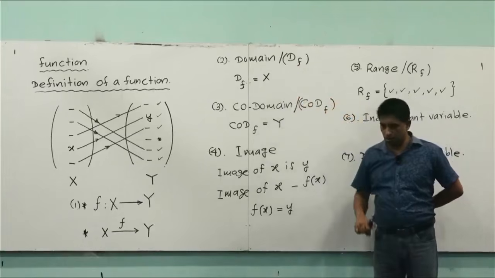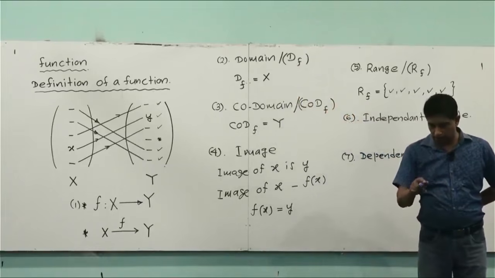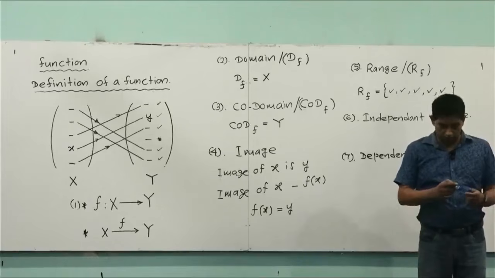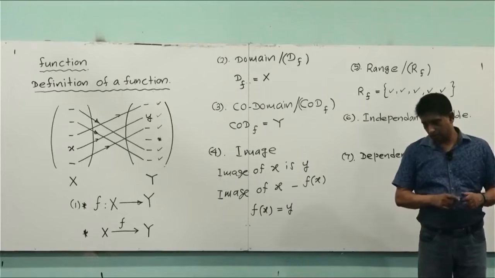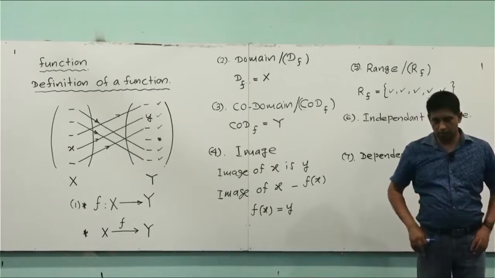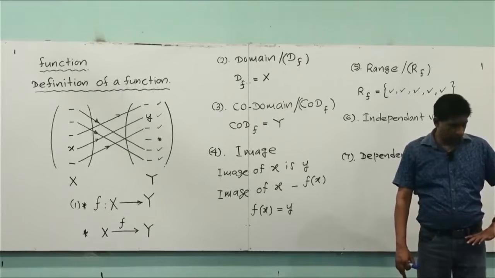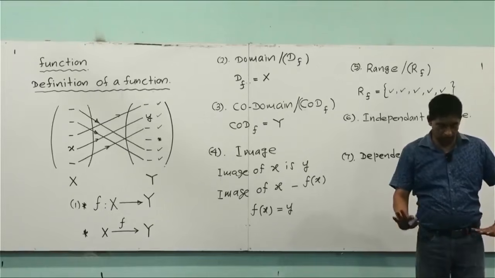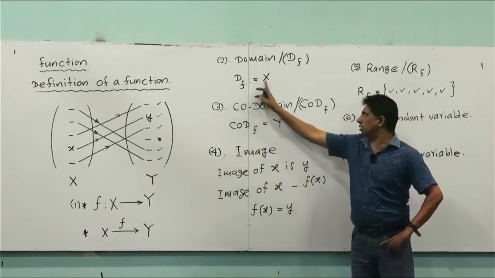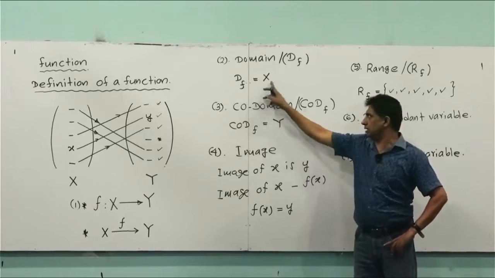Now write down this: capital X set is named as domain. Now you can write DF is equal capital X.